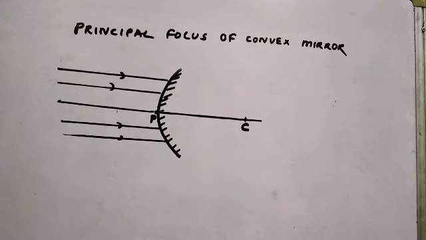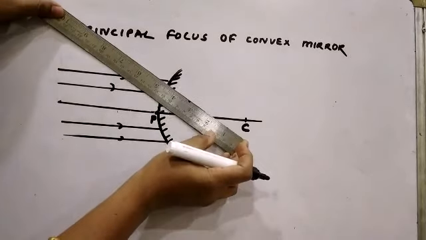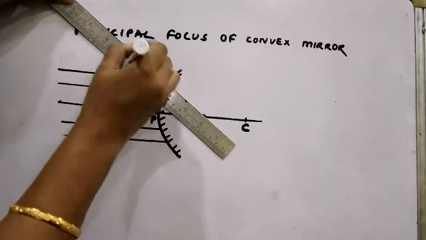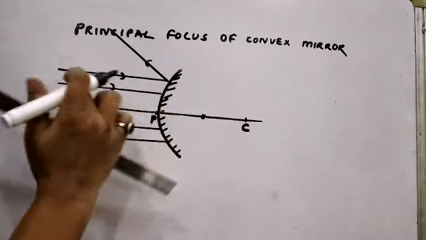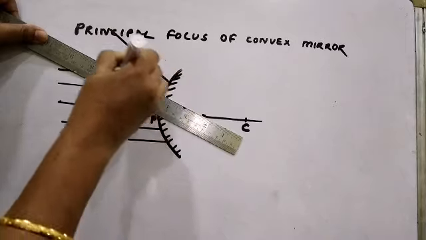Now as per the laws of reflection of light, these incident rays will get reflected. Suppose this is the incident ray. It will get reflected like this. This incident ray will get reflected like this.